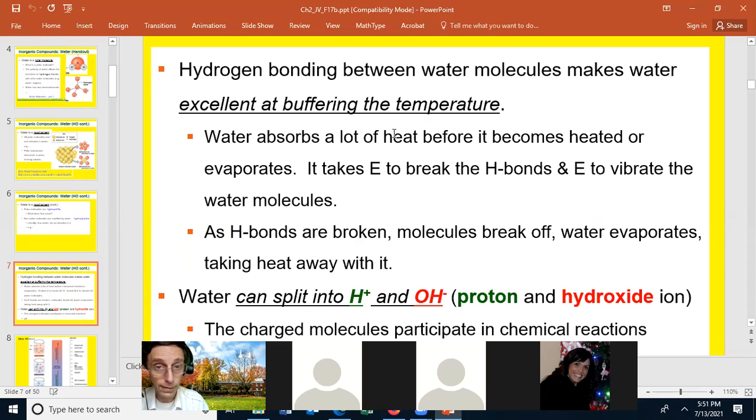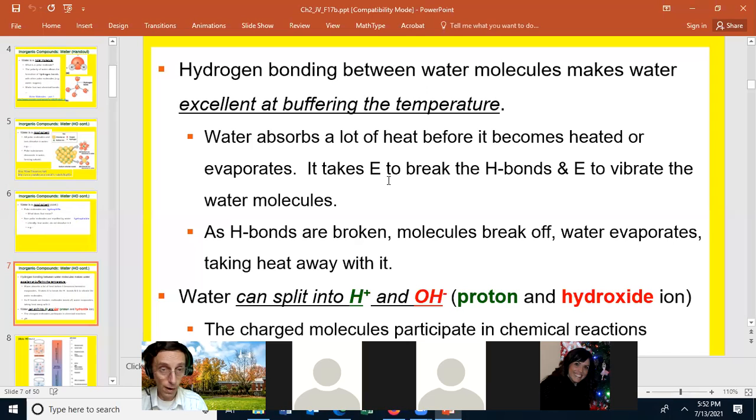Anyways, why water is good at buffering the temperature is because water is a substance that can absorb heat in two ways. Most substances like metal or oil can only absorb heat, and then the temperature will be elevated as the molecules move around more rapidly, and that causes the elevation in the temperature. But with water, you get that happening, but you also get some of the heat energy going into breaking the hydrogen bonds.